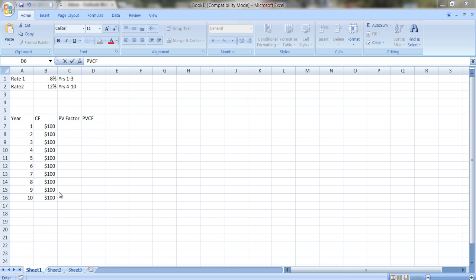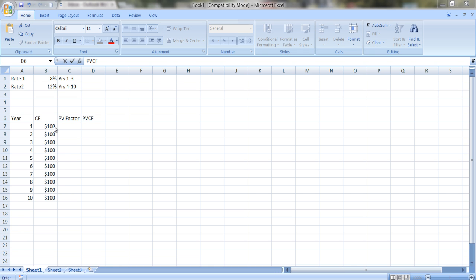Now, a common mistake that students make is they discount the first 3 cash flows at the 8% interest rate, and then they discount the last 7 cash flows at 12%. And that's not really correct.